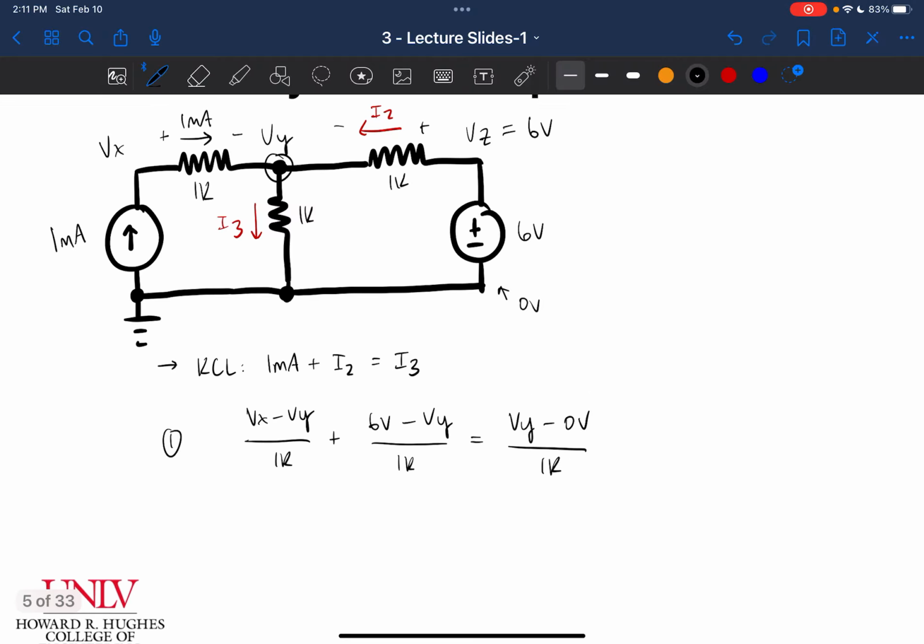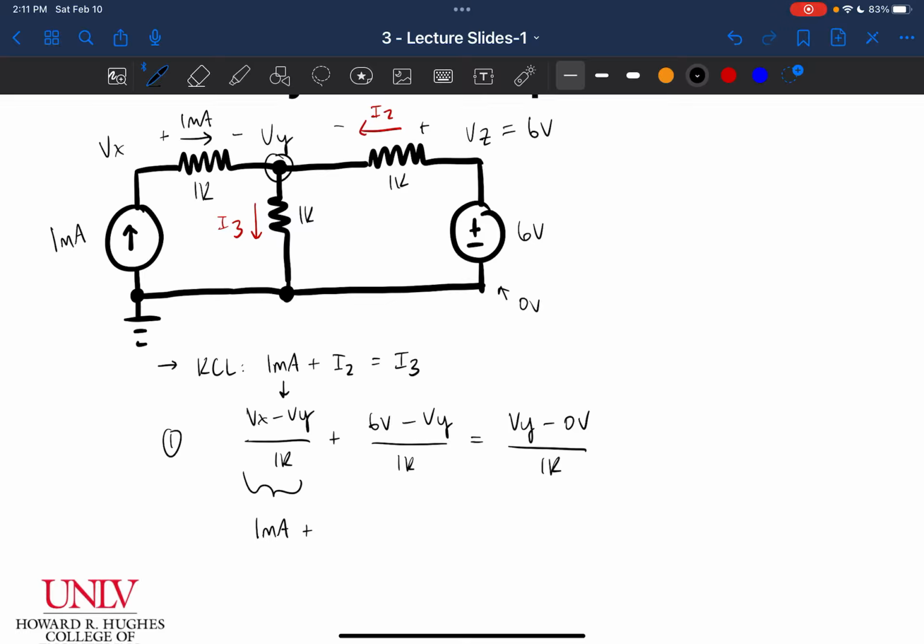Our second expression is going to come from Ohm's law, which we already know that Vx minus Vy over 1K is equal to 1 milliamp, right? There's no unknowns there. So we could have really just left it to begin with.